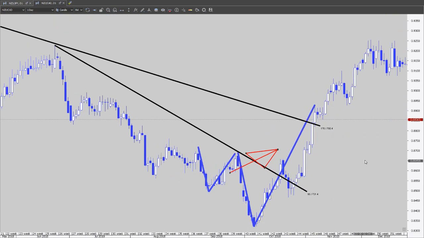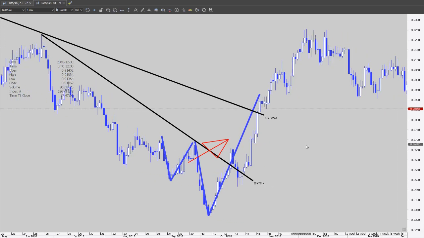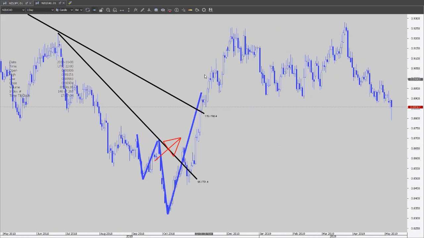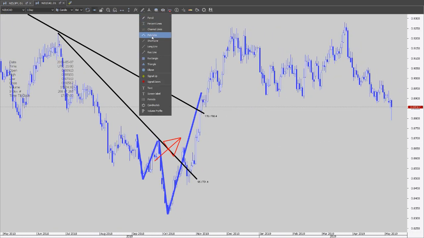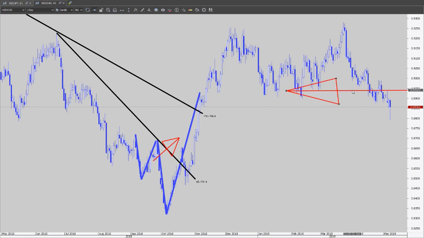Now, uptrend, right? Look at this. So a lot of pips were lost in this sideways movement in here, right? Some of you were asking, oh, the market crowned here, right?